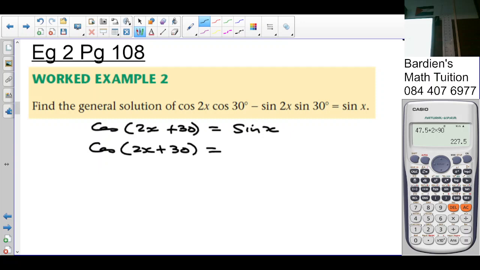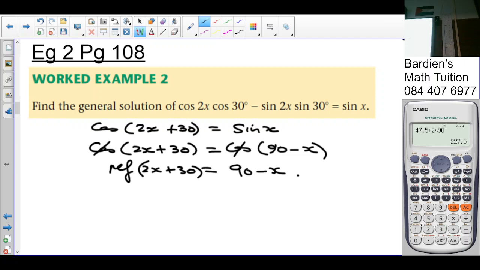It can be written as cos 90 minus x. Not so? So what can happen now? We can drop the coses. So it's simply a reference. 2x plus 30 is equal to 90 minus x.